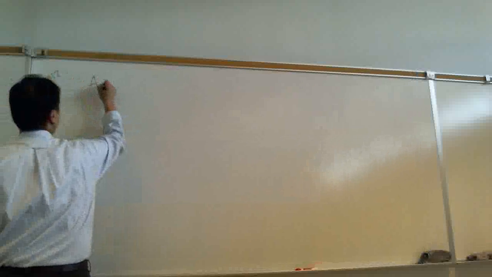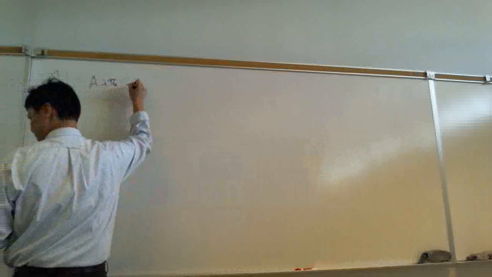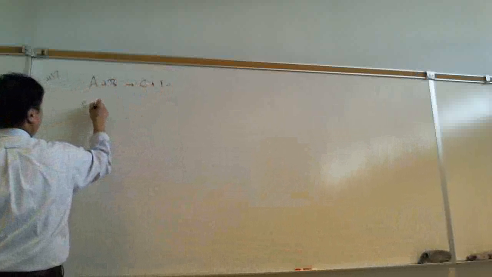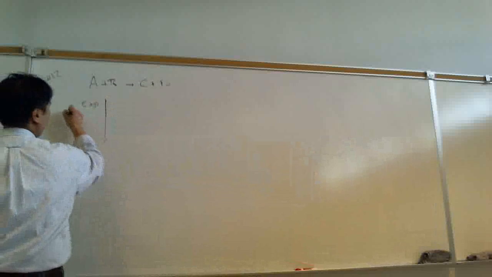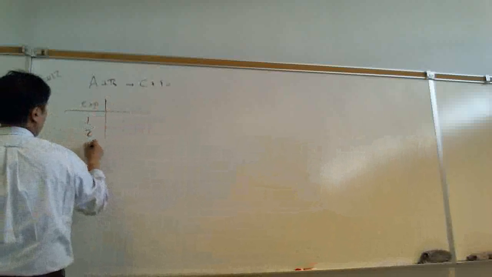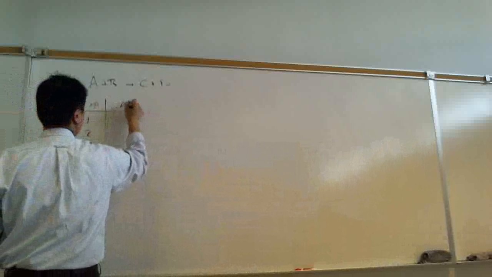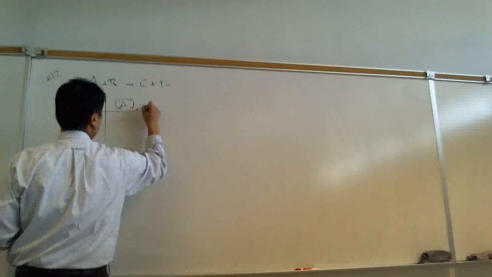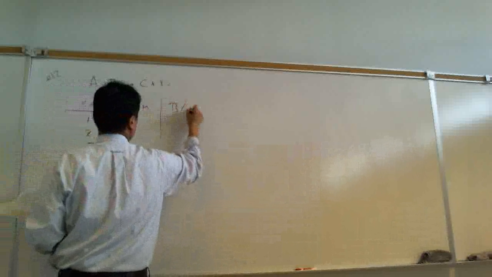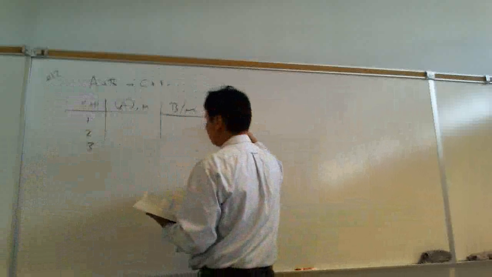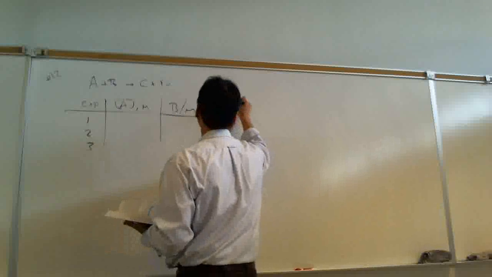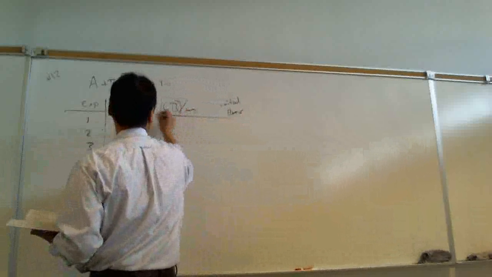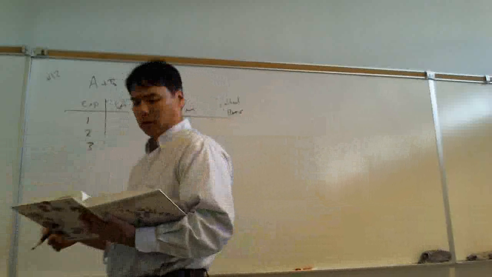All right, number 12 is A plus B yields C plus D. Three experiments are done, and they just change the initial concentration of A, B, and then determine the initial rate. So this is just the starting concentration here.